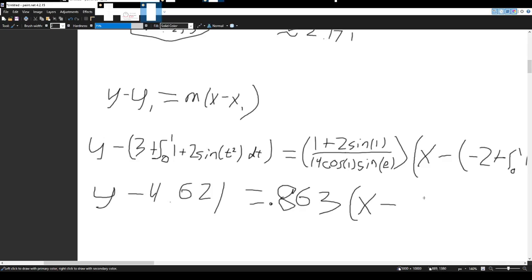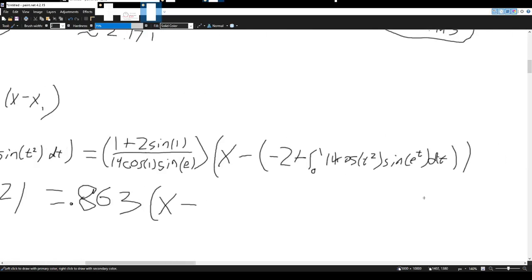Negative 2 plus math fn int 0, 1, 14 cos t squared times sin e to the t, or an x in this case, I guess, because we're doing it on a calculator and the variable is x, minus 9.315. So now I'm going to hope that that's the same as the answer.